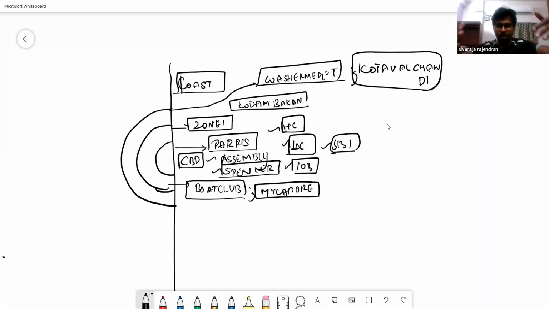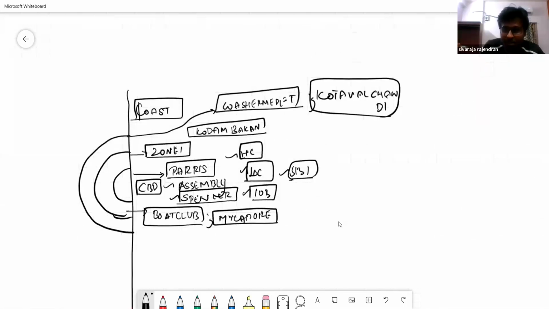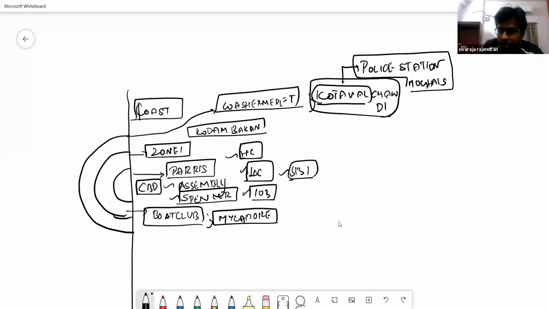So Washermanpet, actually if you see exactly Kotwal, correct, very good. So see this word Kotwal. Kotwal is nothing but the police station of the Mughals. So when the Britishers came, the Kotwal became irrelevant. This zone became irrelevant.